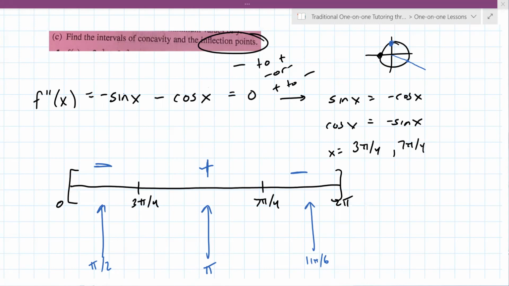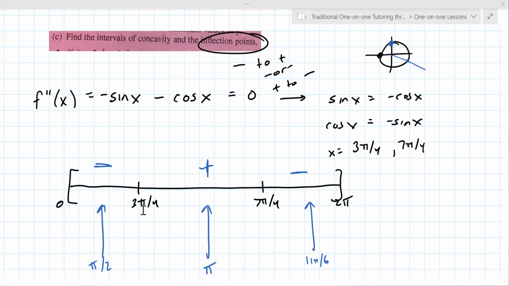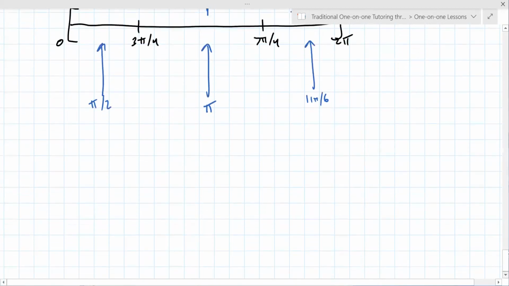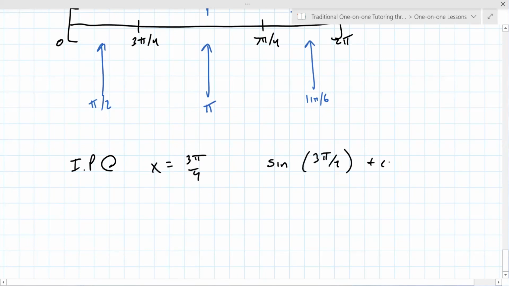Okay, so the next thing to do here is to evaluate these back in the original, if you want. So there's an IP at x equals 3 pi over 4, and the original was sine 3 pi over 4 plus cosine 3 pi over 4.